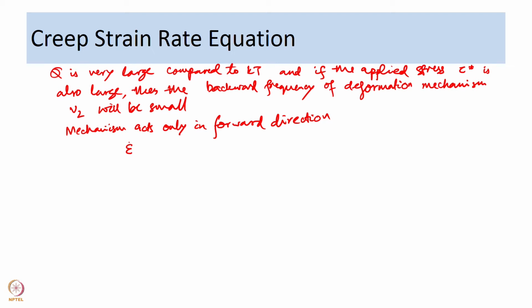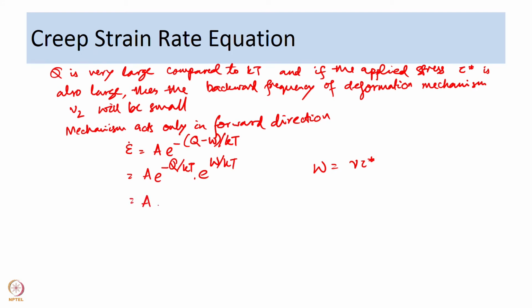Epsilon dot is going to become A e to the power minus (Q minus W) over kT, and that becomes epsilon dot equal to A e to the power minus Q over kT into e to the power W over kT. We already said W is activation volume into tau star.